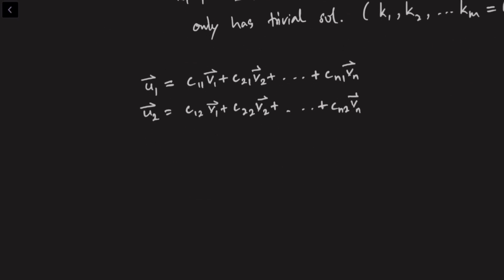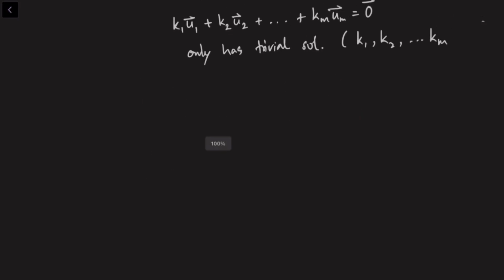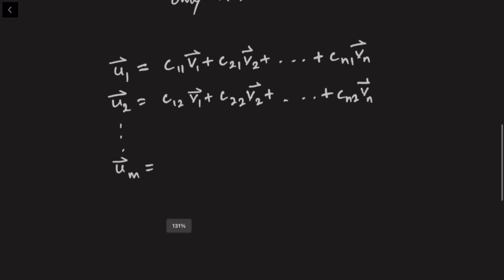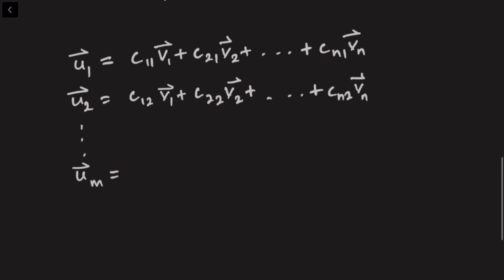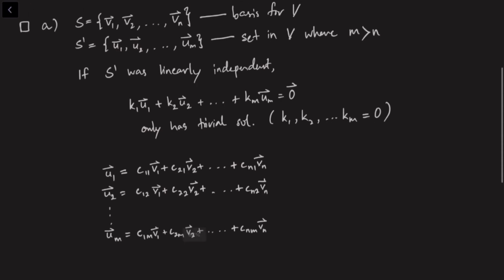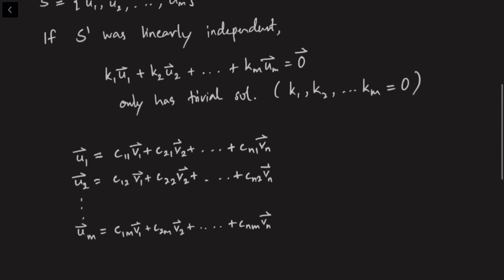And then we will have that for all the u's, which goes up until um: c1m v1 plus c2m v2 plus cnm vn. Okay, so we have all the u's written as linear combinations of v's.